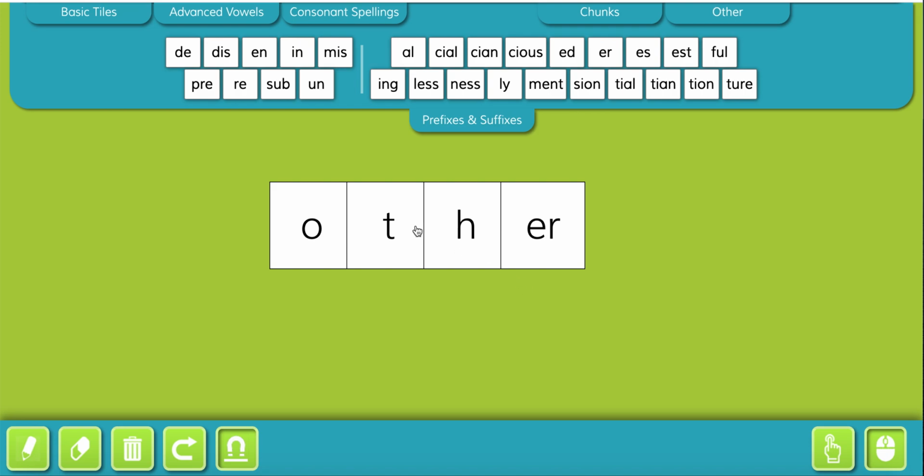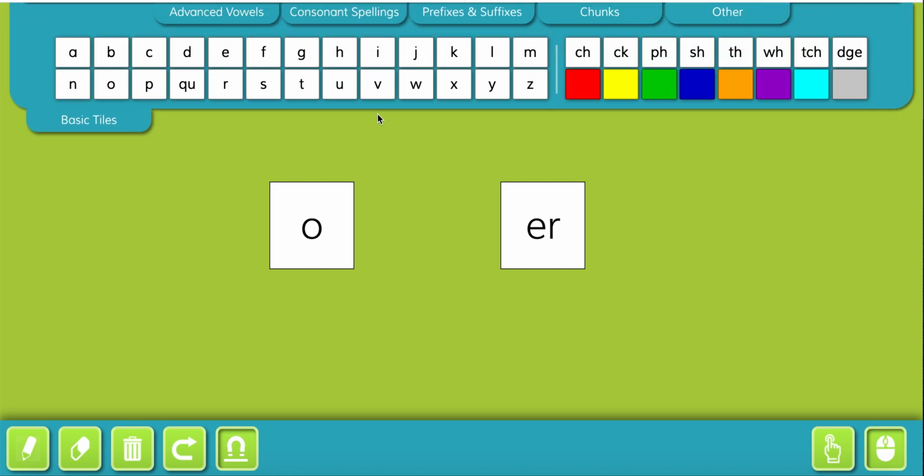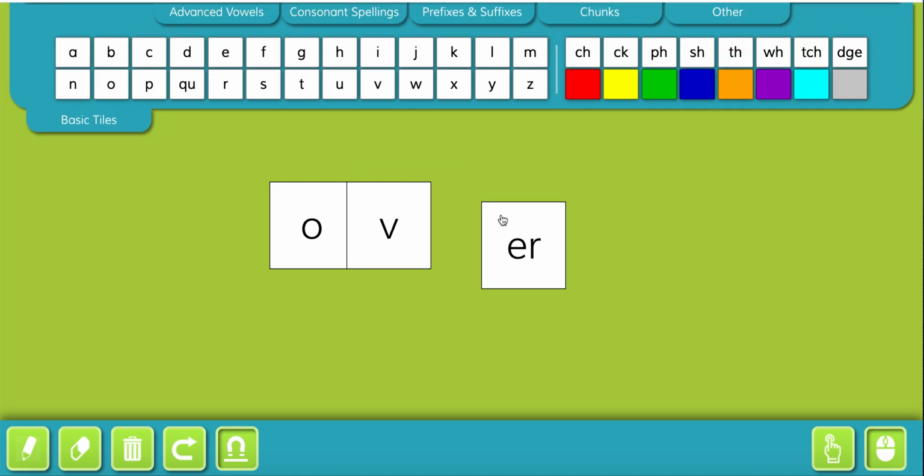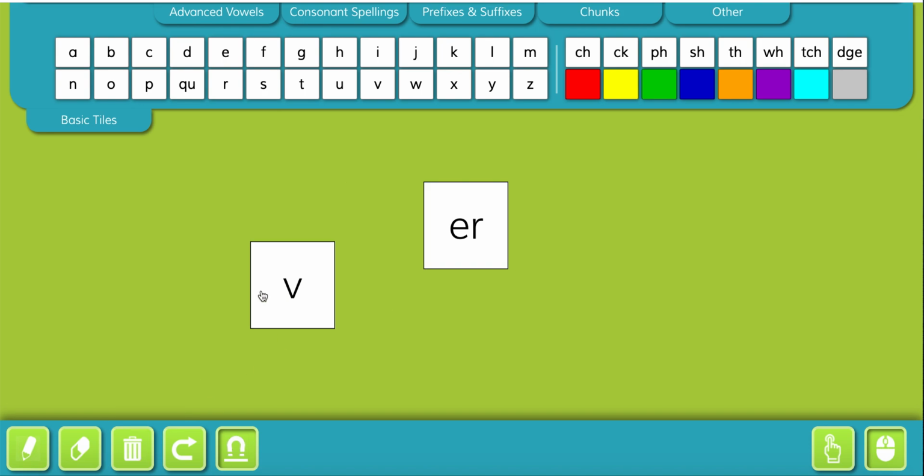Now I'm going to change the word one more time and show you one more sound. Now the word is over. The O goes back to the original long O sound. Very tricky. So keep in mind that O has multiple sounds. Okay, so I'm going to put all of that in the trash can now.